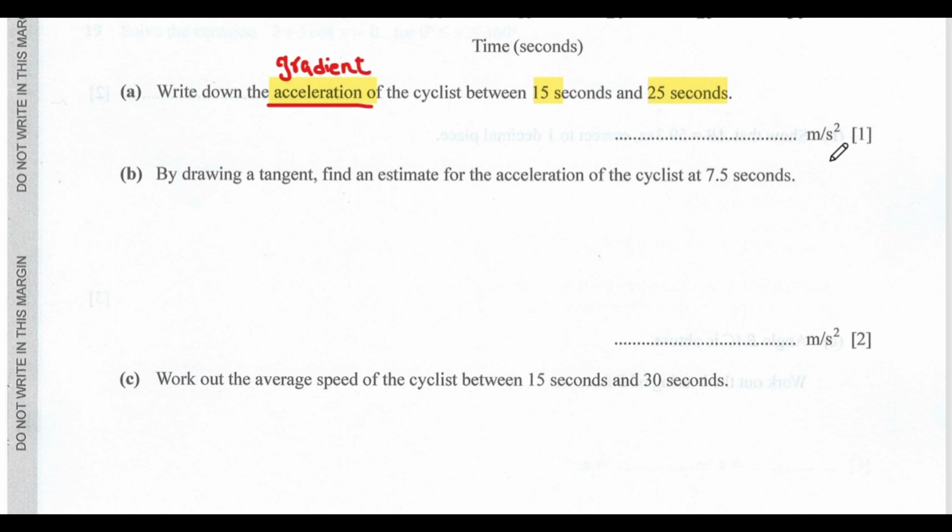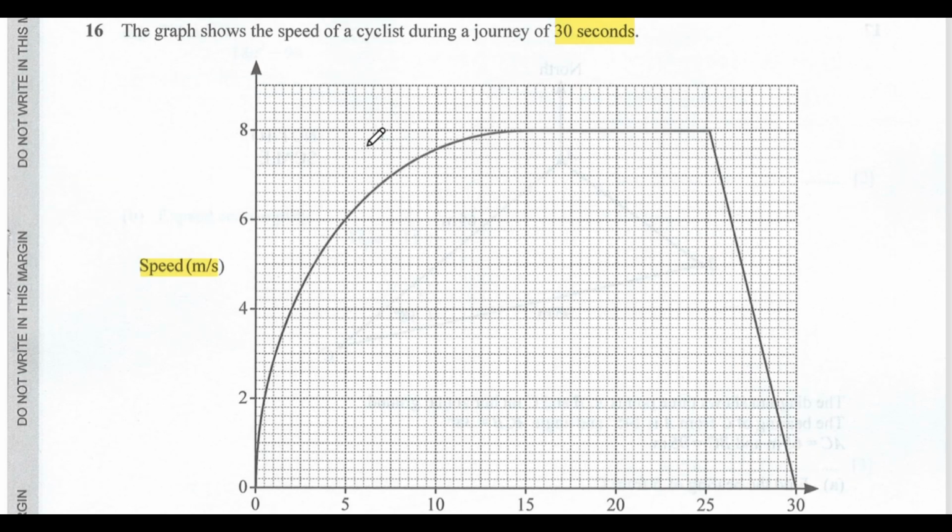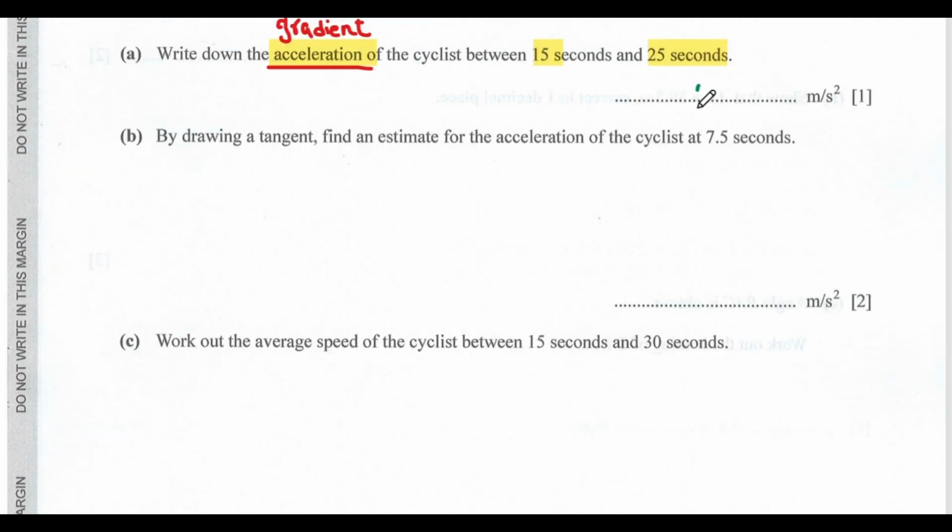So we are supposed to find the gradient of the line between 15 and 25 seconds. Between 15 and 25 seconds, the graph line is a horizontal line, and for horizontal lines, the gradient is always 0. So if the gradient is 0, the acceleration is also 0. So the answer to the first part is 0 meters per second squared.